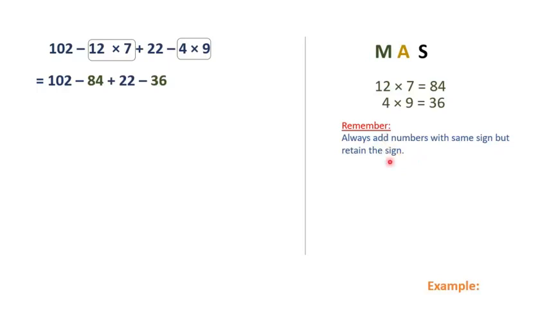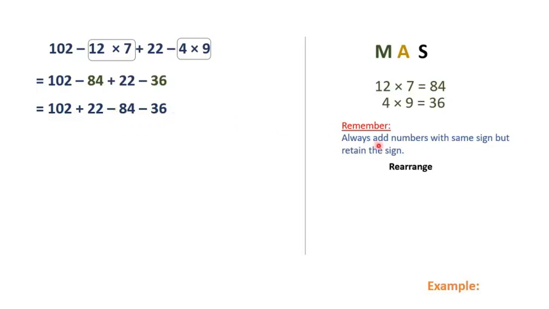So before we apply this, let us first of all, children, rearrange. In order to rearrange, we will group the positive numbers together. Positive numbers means numbers with the plus sign. So 102 is with a plus sign, 22 is with a plus sign. And here if you see 84 and 36, they are with the minus sign.